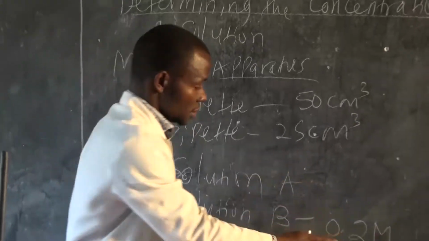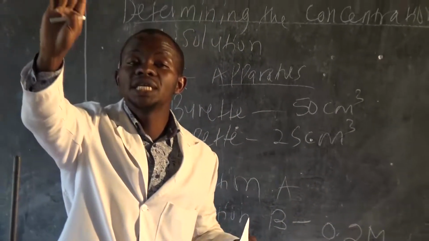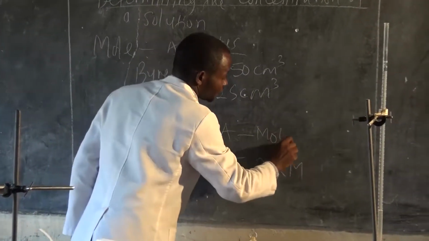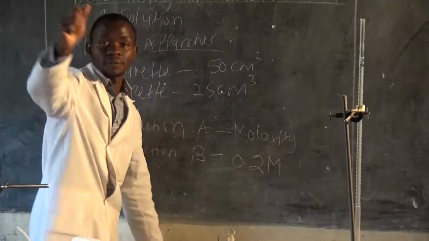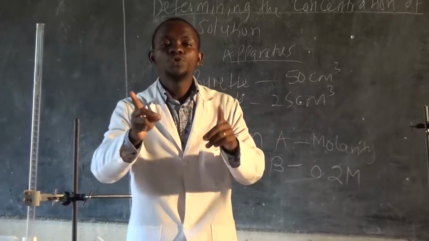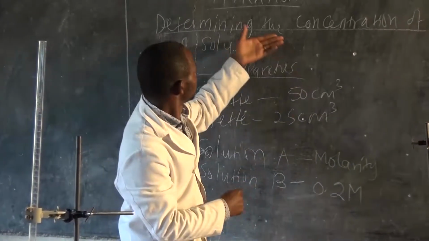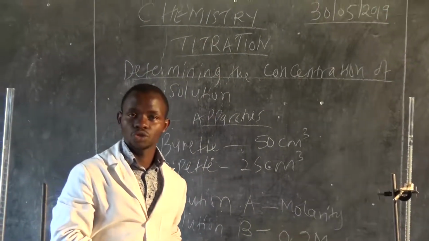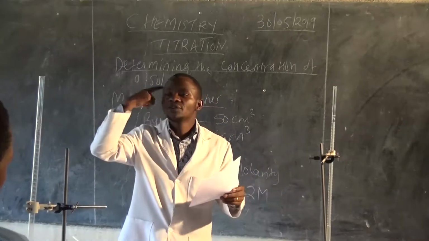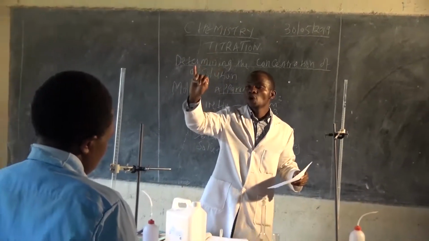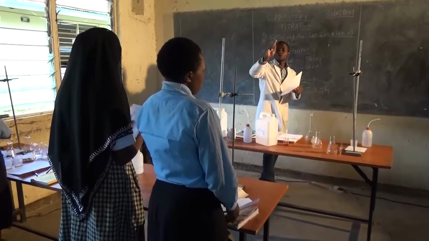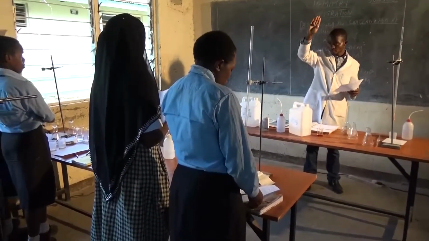So we want to use B to find the molarity of A. Okay? So we do what? We do titration. So we want to follow the instructions on the paper and try and search for the molarity of solution A. But we are going to use what? We are using solution B.